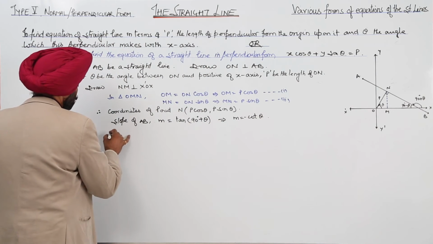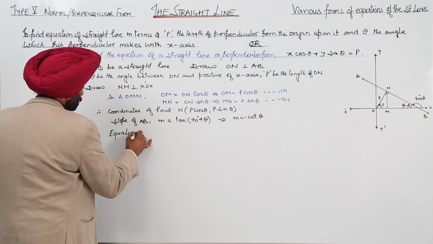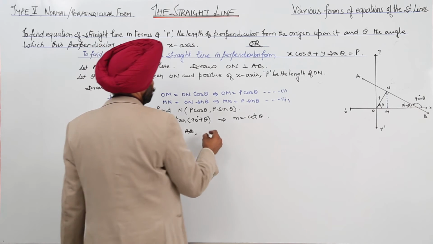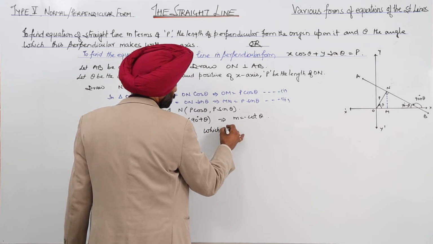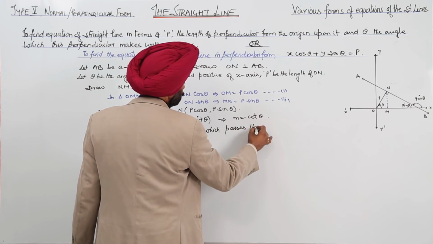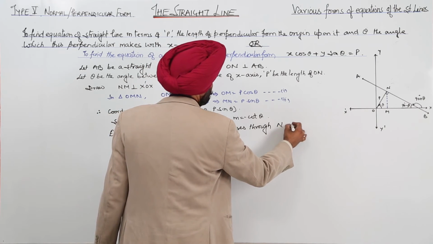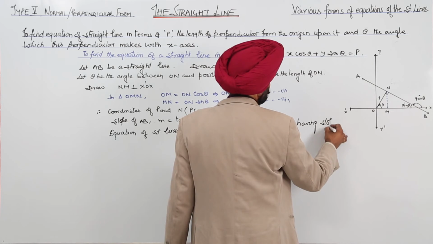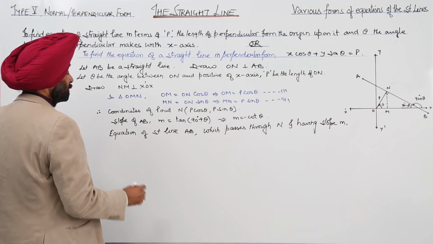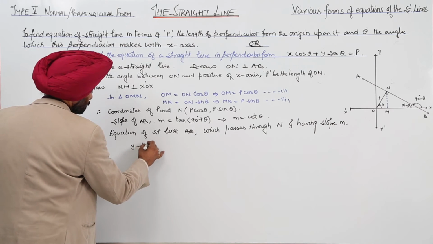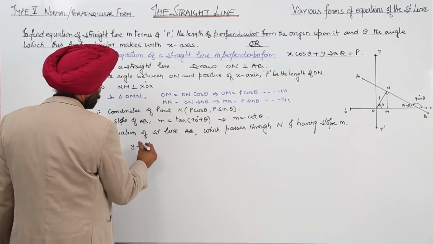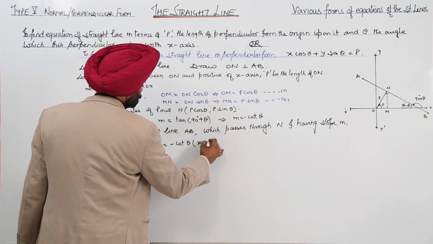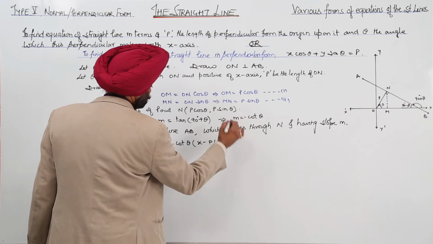Now the equation of the straight line AB which passes through N and has slope m becomes y minus P sin theta is equal to minus cot theta times x minus P cos theta.